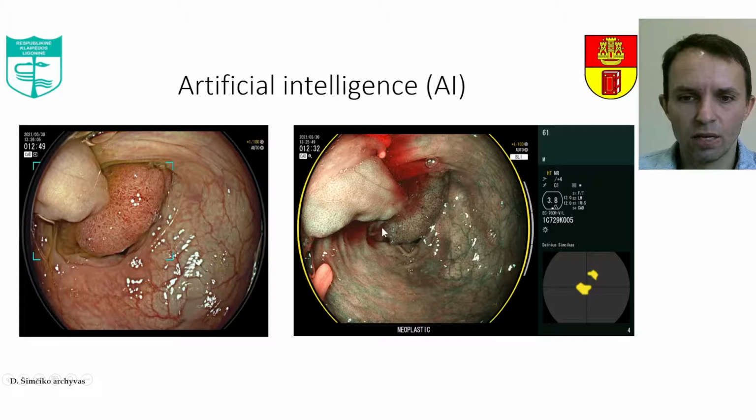What is more, artificial intelligence can help us not only in detecting but also in differentiating the lesions. In this picture you can see a BLI image, and artificial intelligence says that the lesion in the center, right here, is most likely neoplastic.